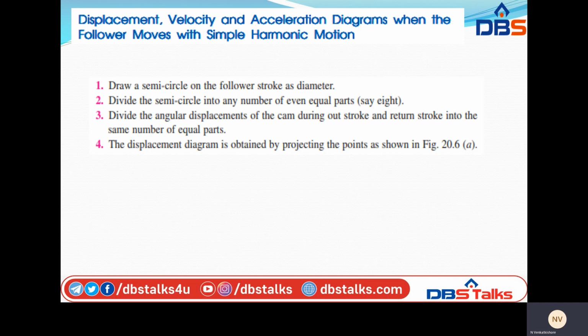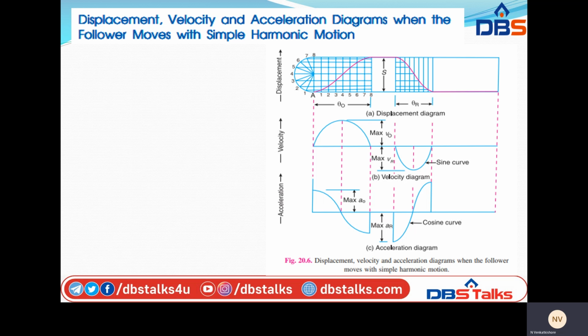In this next one, the displacement, acceleration and velocity diagrams when the follower moves with simple harmonic motion. So the diagrams will look like this. How will these diagrams look? Firstly, you draw a semicircle on the follower stroke as diameter.